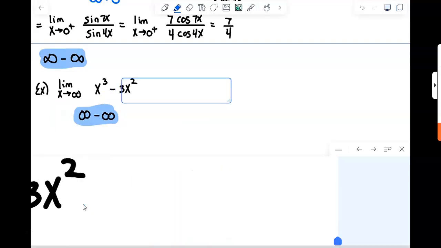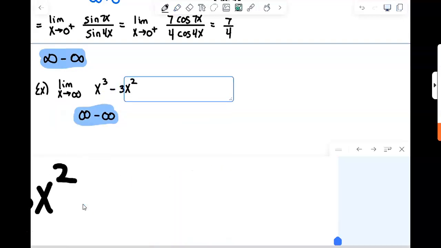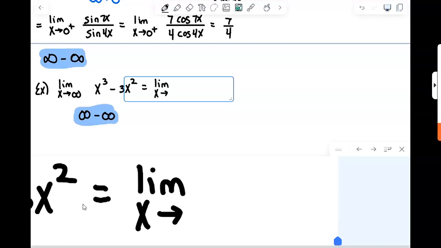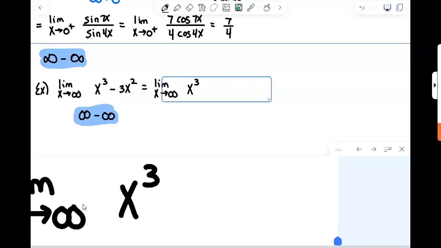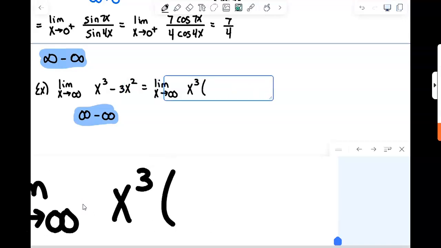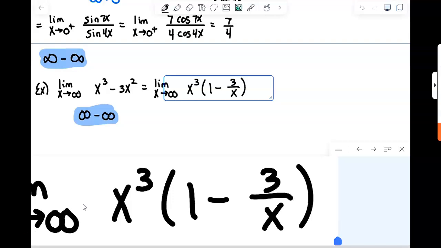Now in the case of a polynomial, the idea is actually that we factor out the largest power I can pull out. So we'll rewrite this as the limit as x goes to infinity of x cubed, the largest power that's present, that would make this 1 minus, and then that would actually become 3x to the 2 minus 3, which would be 3 over x.